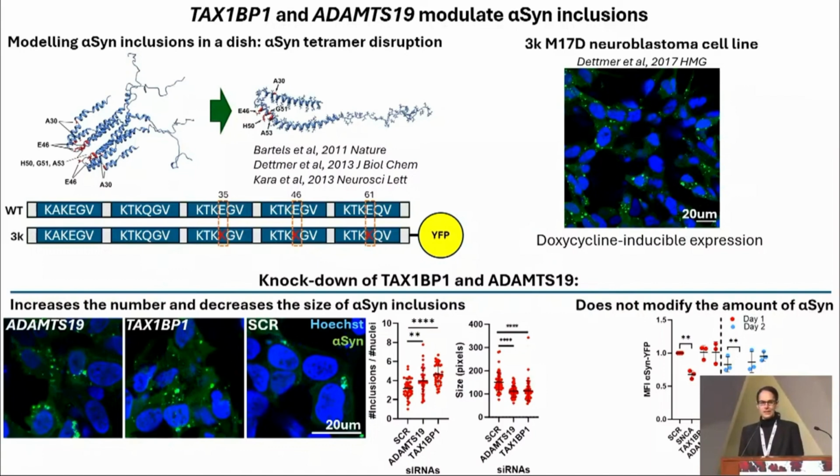And we did this based on a recently proposed model for how synuclein dysfunctions leading to synuclein inclusions. And this is a tetramer disruption model. According to this model that was developed in Dennis Selkoe's lab, α-synuclein physiologically exists in tetramers within the cells. And it being an intrinsically disordered protein, the tetramers are essential to keep it sequestered and under control.